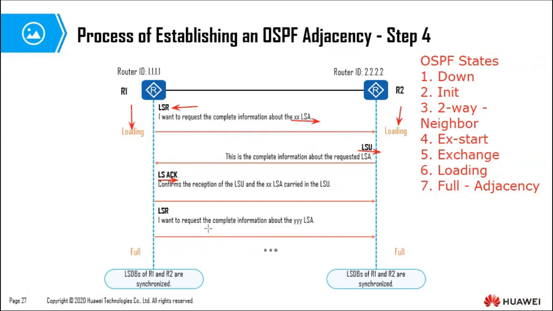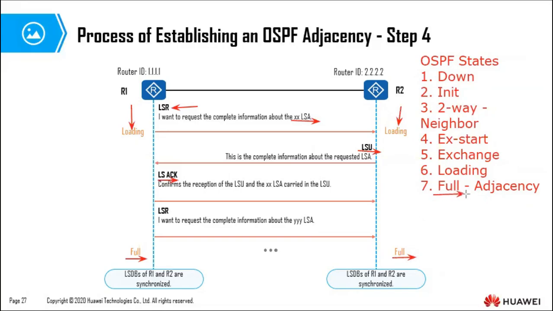This will continue between the two routers. You look at the summary, I don't have information about this one, you request it, you acknowledge it, and so on and so forth. This will go on until now you have full information about each other's LSDB. And that state is what we call the full state.